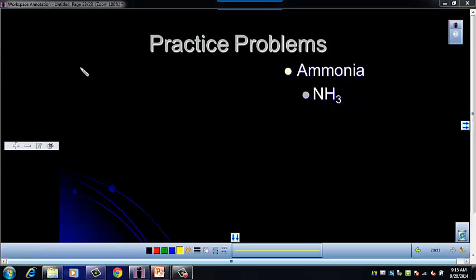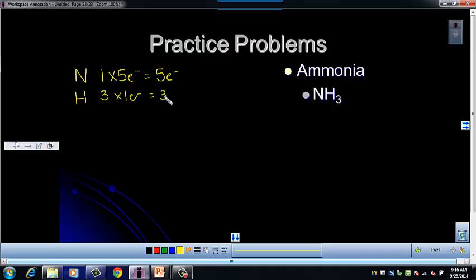So we know that one nitrogen atom has 5 valence electrons. And we know that we have 3 hydrogen atoms that each have 1 valence electron. So that's a total of 3 from the hydrogen and a total of 8 for the compound.